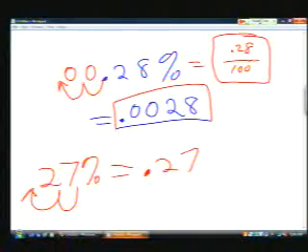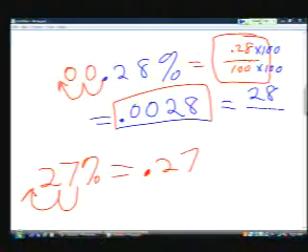To make this into a proper fraction, we can multiply numerator by 100, denominator by 100, and when you do that, 0.28 times 100, how much is that, Jonte? 28. So the numerator becomes 28. And then what's 100 times 100, Courtney? 10,000.